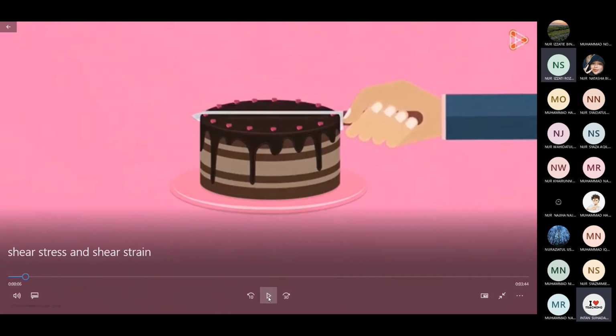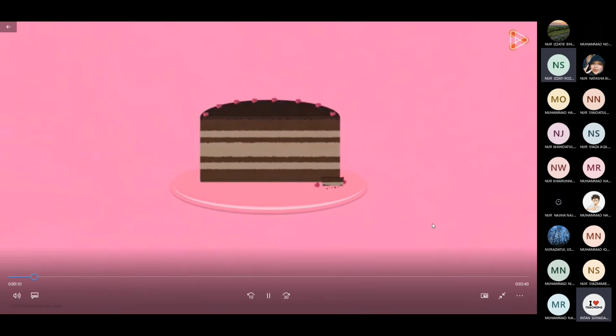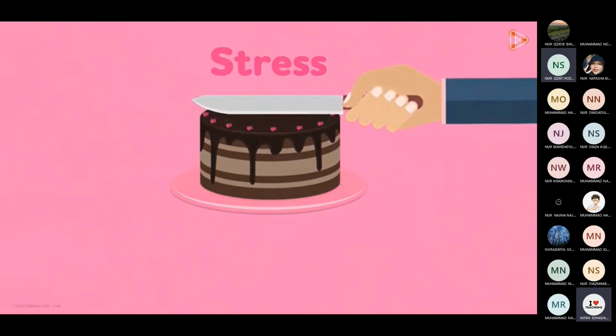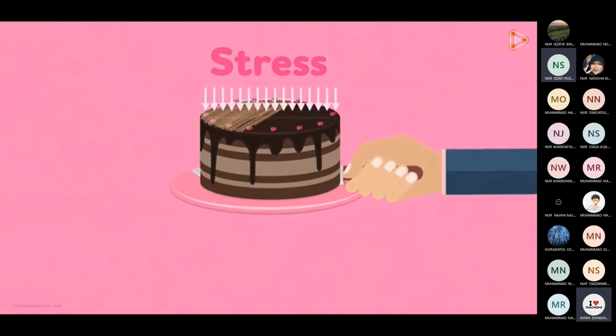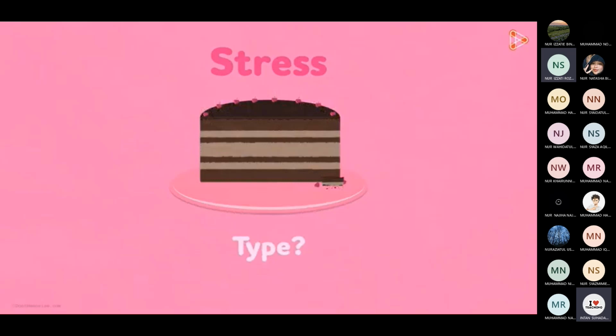What happens when we cut a cake using a knife? In physics, we could say that the cake experiences stress. Usually when we cut a cake, we hold the knife straight and apply the force perpendicular to the surface area. So can you guess what type of stress this is?